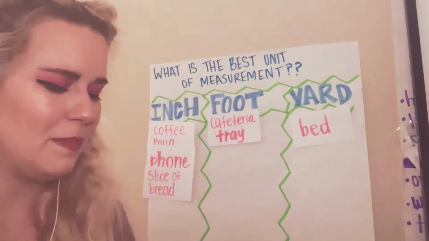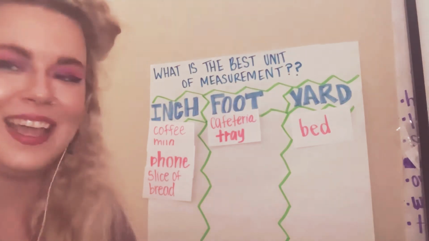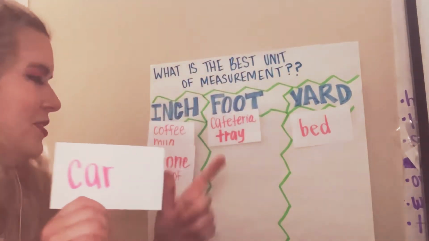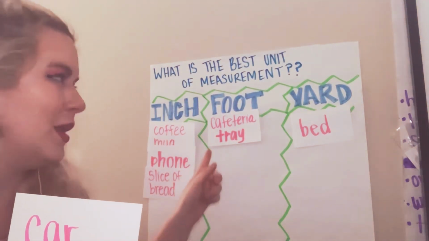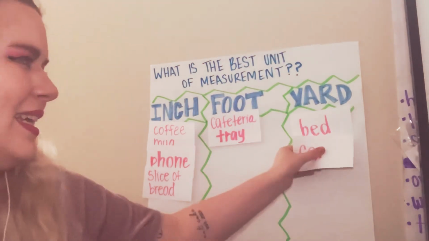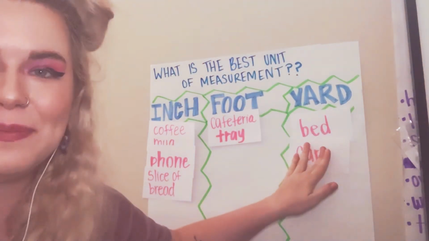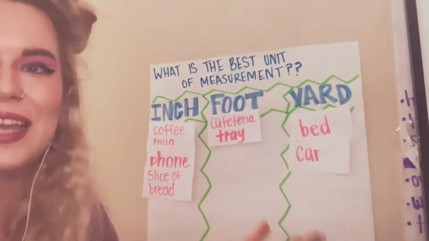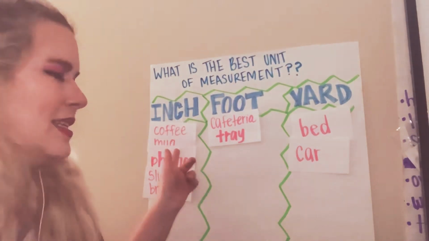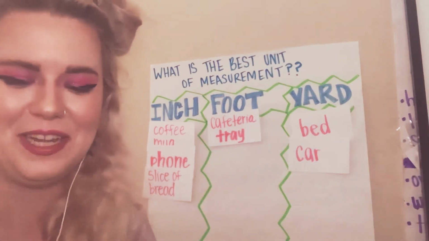Okay, what about a car? Is it appropriate to use inches? What about rulers? How about yards? Right, it would be easiest to use a yardstick to measure it, okay? Because it would only take like, what, 3 or 4 yardsticks to do it versus like hundreds and hundreds of inches.